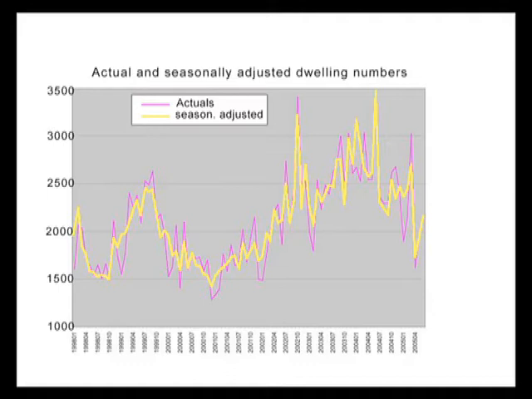But when we get up here, this bit of the series, we see that the seasonally adjusted series is really not much smoother. Now that's an indication that the seasonal adjustment is not terribly good.